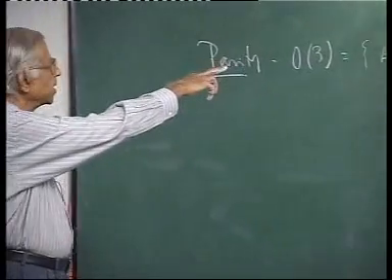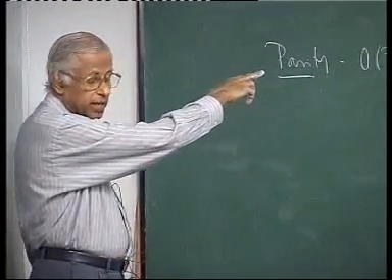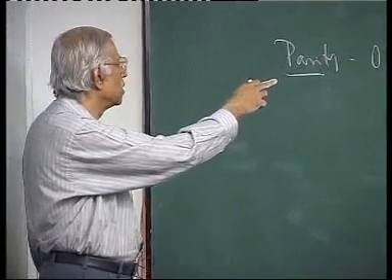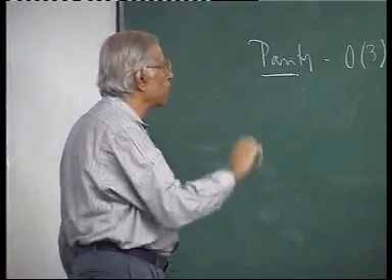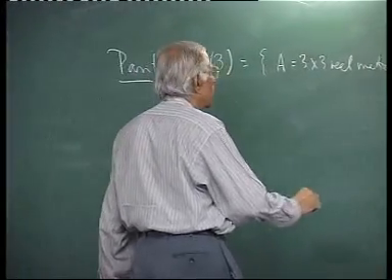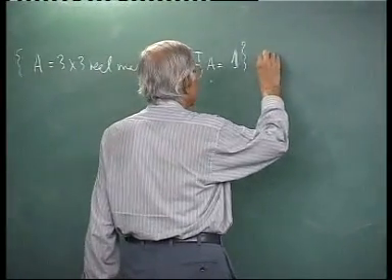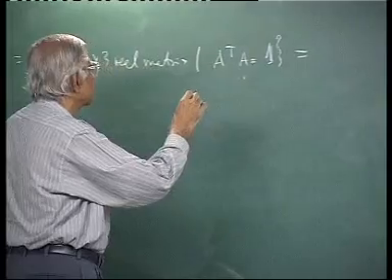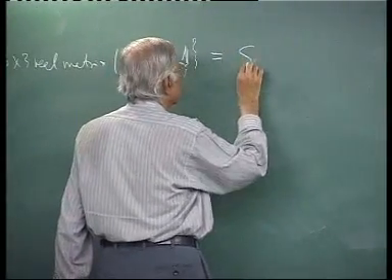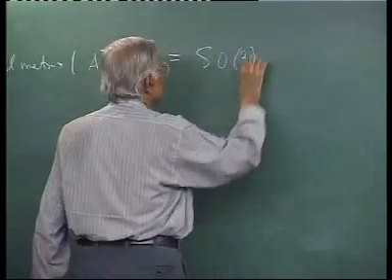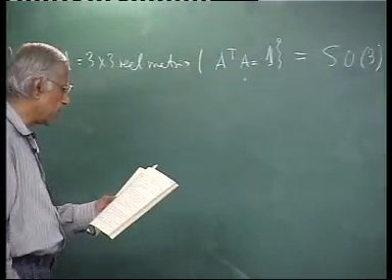We do not put a condition that the determinant of A has to be plus 1. So it includes proper and improper elements. So clearly, if you look at the set of matrices which do have determinant plus 1, that would be what we have been studying up to now.